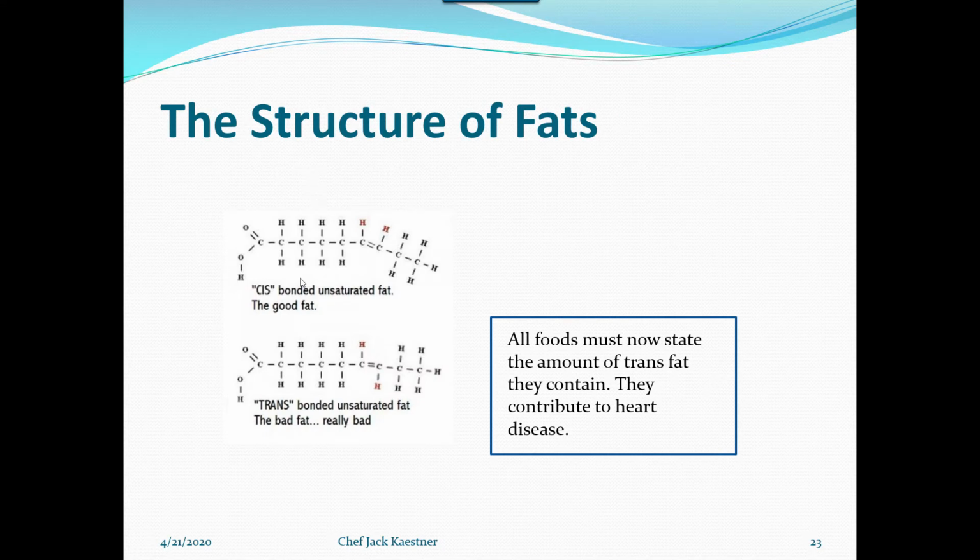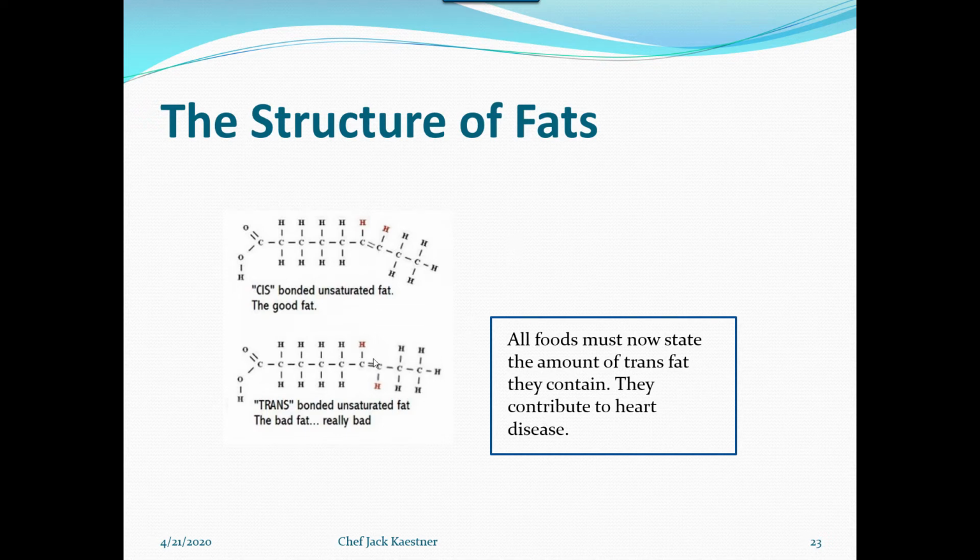So here's the structure of fats. You've got a cis-bonded unsaturated fat, and you can see the 2 hydrogens are on the same side. Whereas down here, trans-bonded, the hydrogens are on the opposite side of each other. And all foods now must state that they contain trans fat because they realize that it contributes to heart disease.